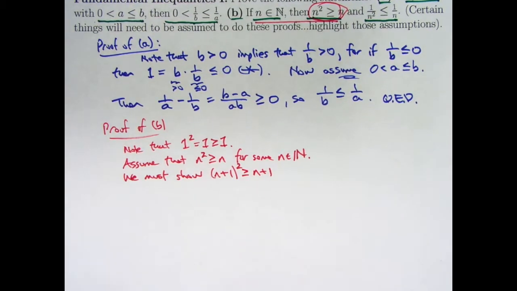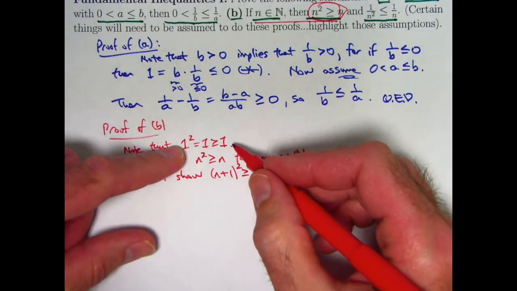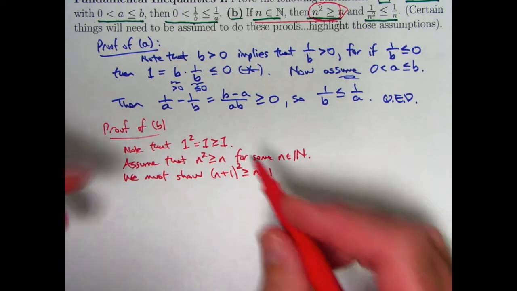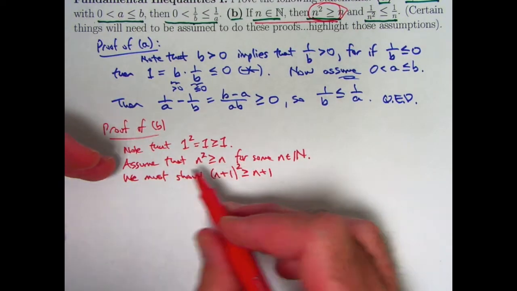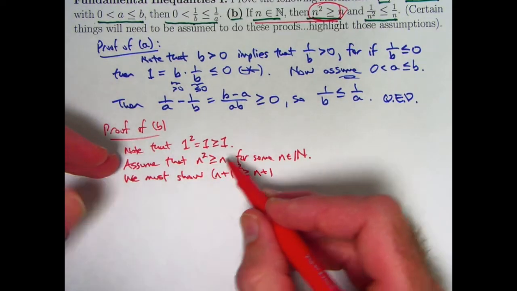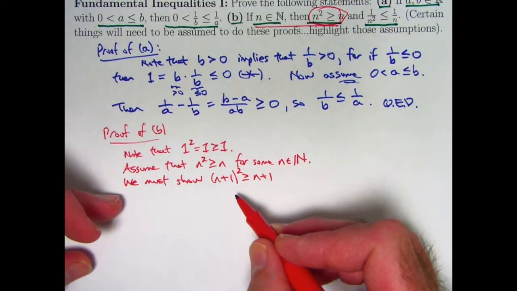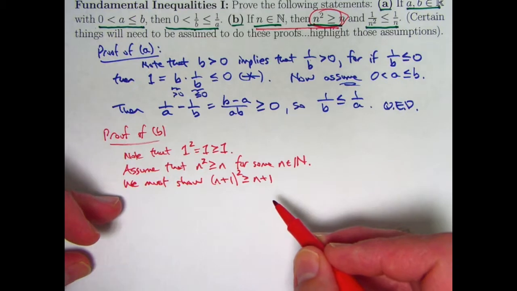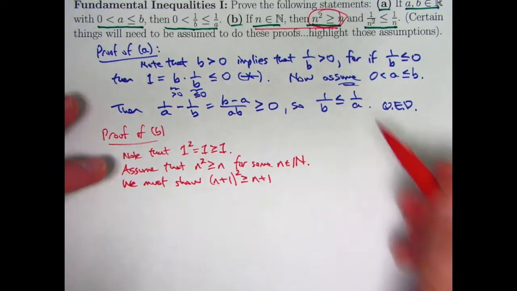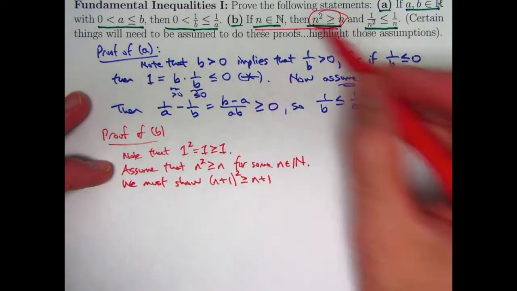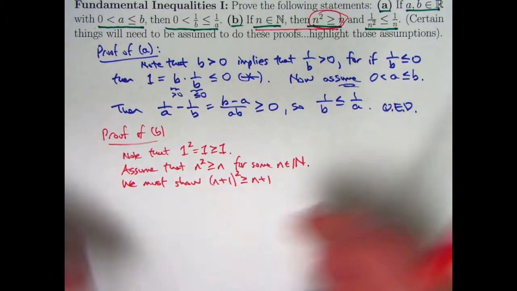If we can show that, first of all, the inequality we wish to prove is true for the base case, and if our assumption of it being true for some n leads to it being true for the next value of n, the next positive integer, the principle of mathematical induction will say this inequality is true for all natural numbers n. Okay?